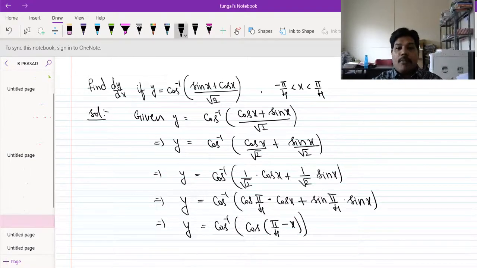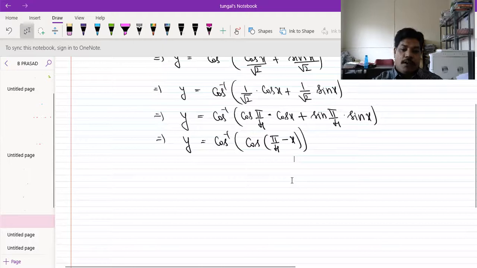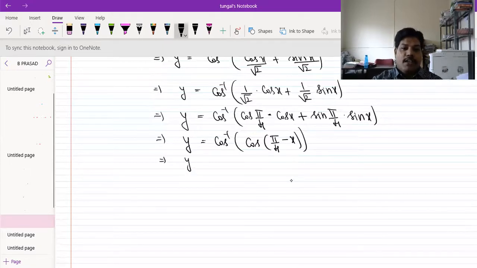So that implies y is equal to cos inverse of cos, and the cos inverse will be cancelled. You will get y is equal to pi by 4 minus x.